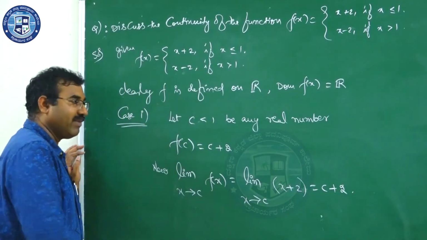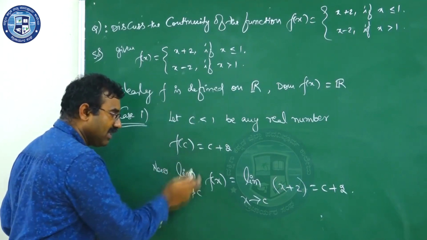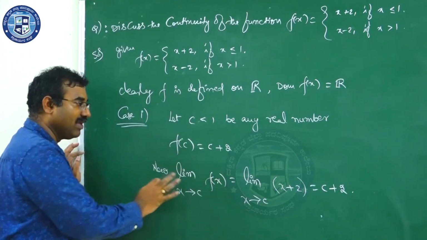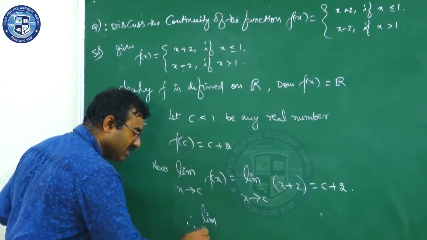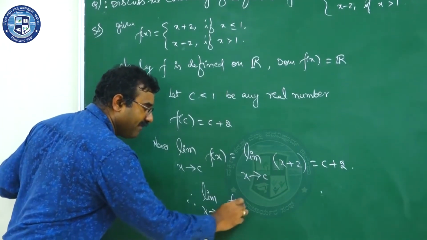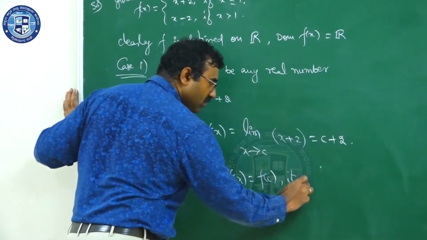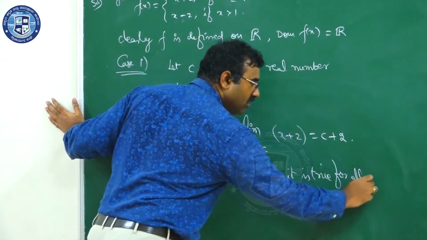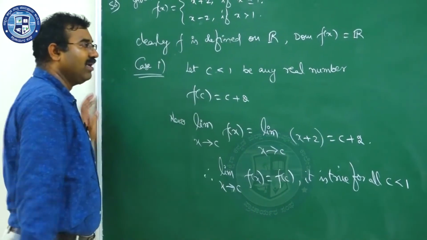So the limiting value and the functional value both are the same. Therefore, limit as x tends to c of f of x is equal to f of c. It is true for all c less than 1.